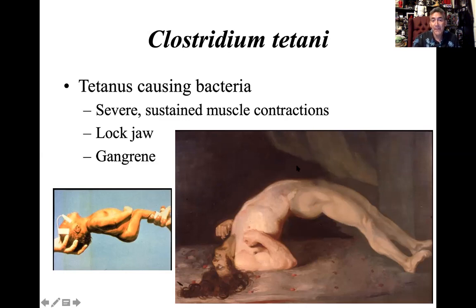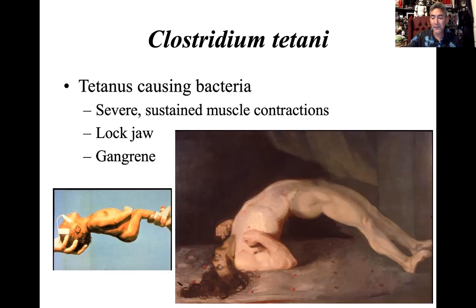We make it mandatory from a very young age for children to be vaccinated against this. In other countries, they don't vaccinate against tetanus, and children then have to endure this terrible condition to build immunity. So in the US, we say, man, we don't want the kids to go through that, so we vaccinate them. They get the immunity without having to undergo the harsh symptoms.